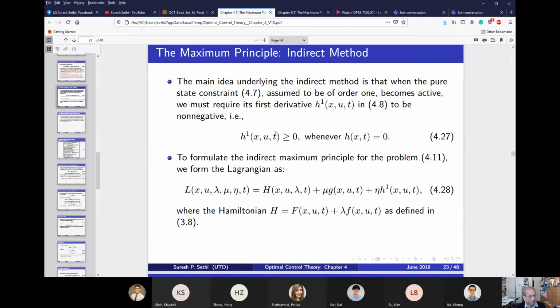It is 0. So it's not a multiplier anymore, kind of. So now you see eta. I multiply that to h1. H1 is a similar constraint as g. The only difference is that the mu is applied all the time to this. This one is applied only when this is equal to 0. So that's the idea here.